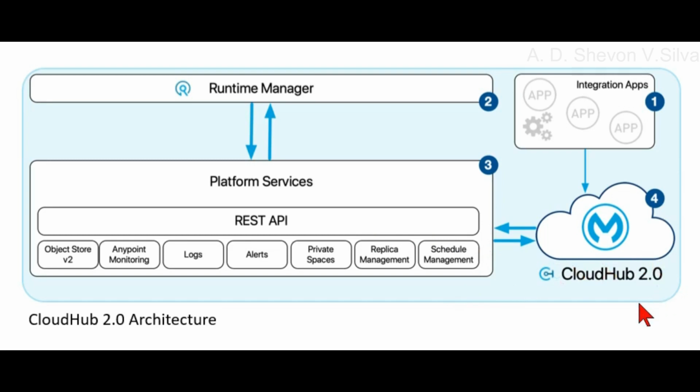CloudHub 2.0 replicas. Replicas are dedicated instances of Mule runtime engine that run your integration applications on CloudHub 2.0. Replicas have the following characteristics. Capacity.